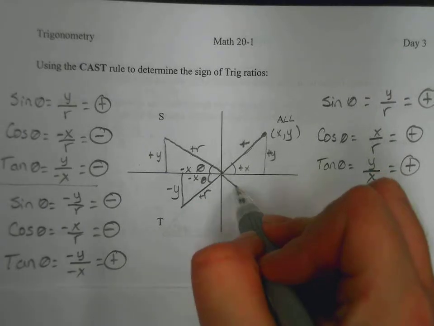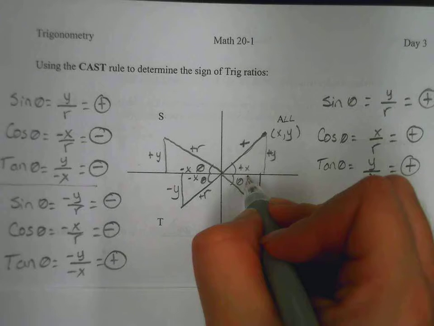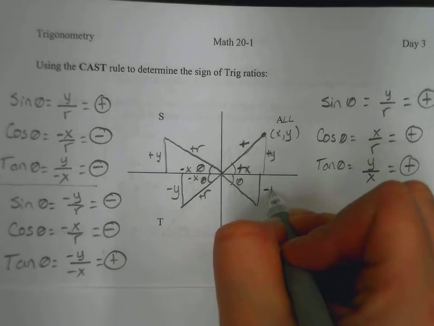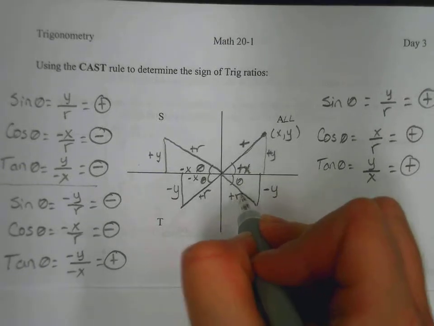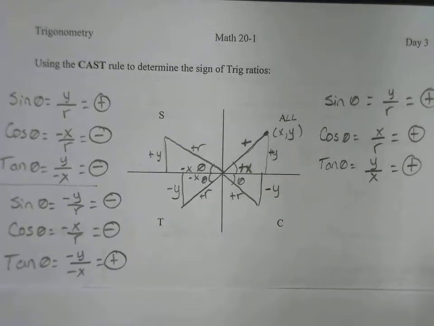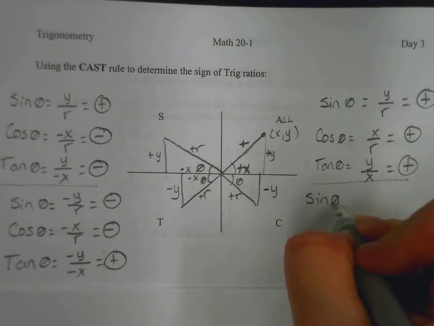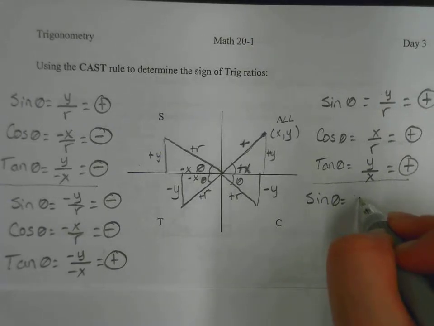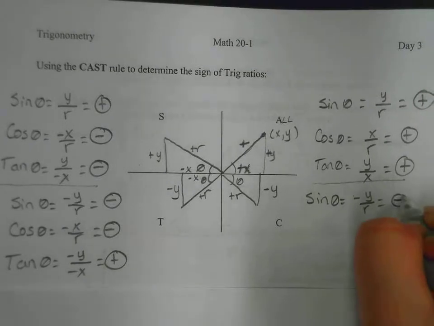Lastly, we are to do this last angle. Our X value is positive here. Our Y value would be negative. Again, using Pythagoras, we will always end up with a positive R value. Thinking about our ratios, if we did our sine ratio, I would get a negative Y over a positive R, which gives us a negative ratio.